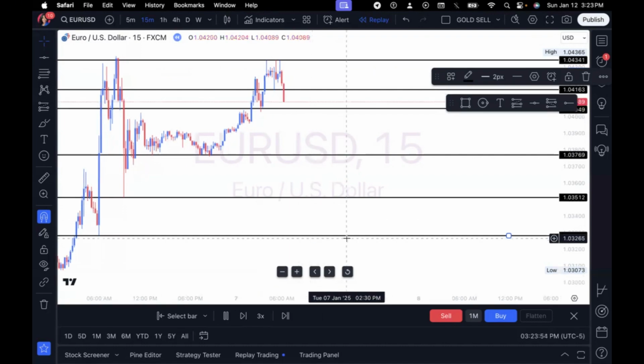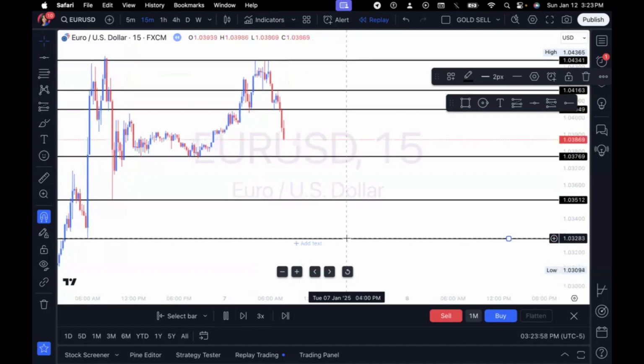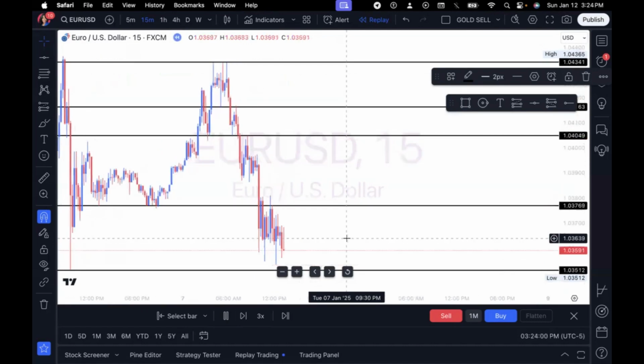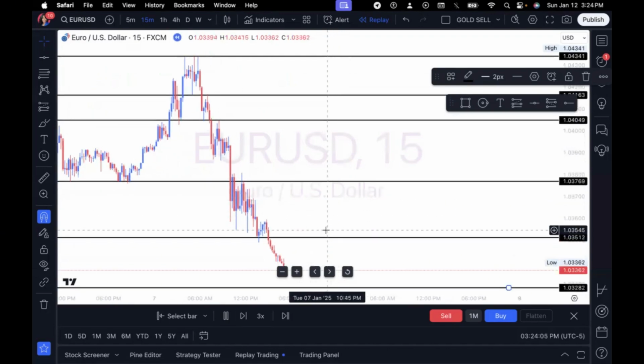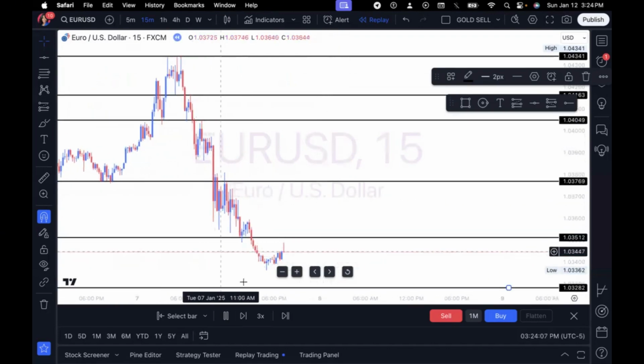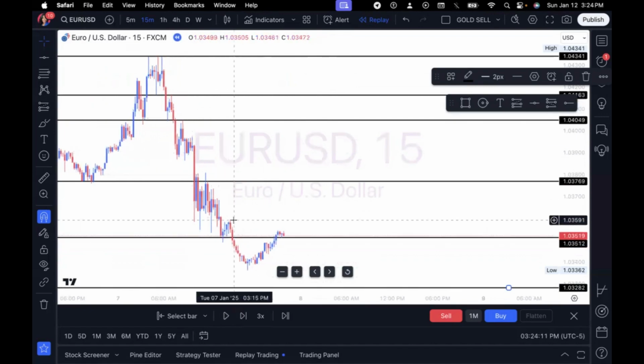So we can see that our first take profit would have been hit and our sell stop would have been triggered. We can see that all of our sell stops would have been triggered. And the only thing we would have had to do is analyze our market one time, set all of our pending orders, and just wait for these trades to trigger.